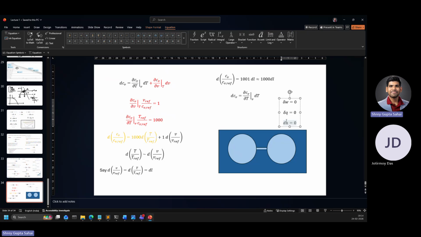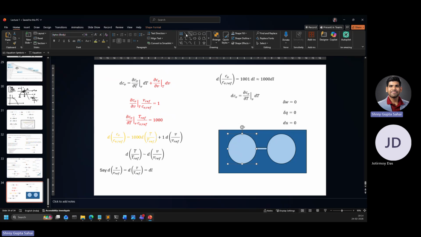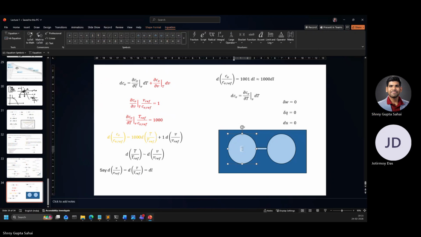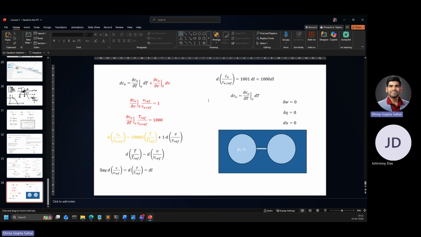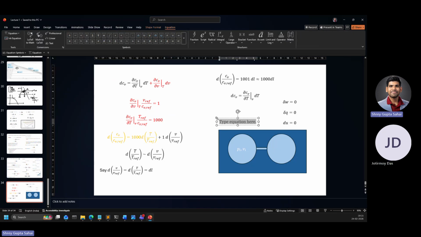Internal energy had not changed, but clearly earlier it had some pressure and volume, right? P initial and V initial. But P final and V final were not equal to the initial values.